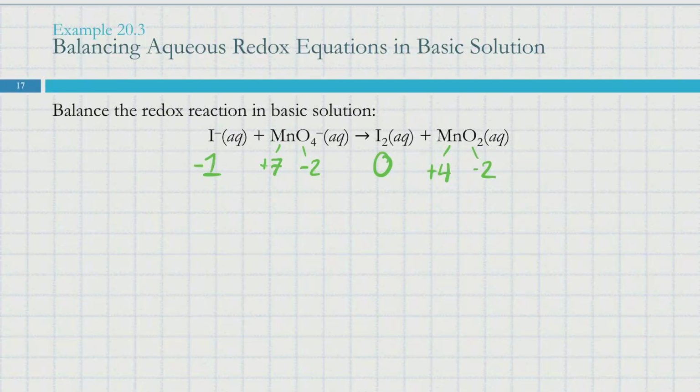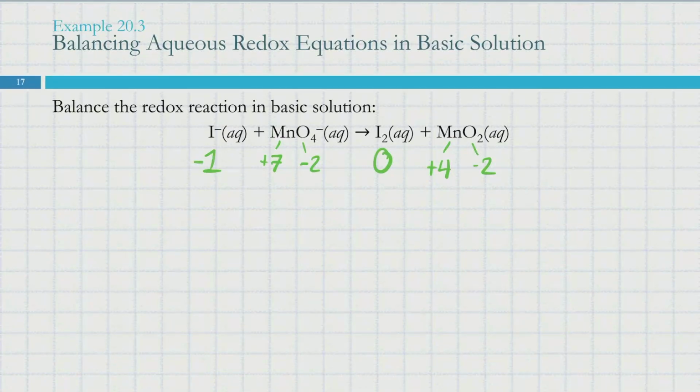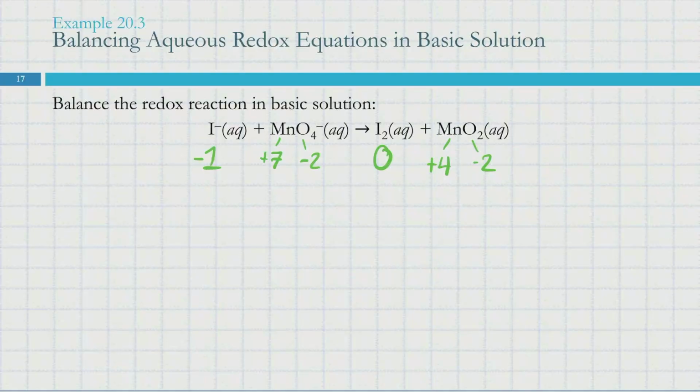And then we can split these into our half reactions. In a lot of cases, you don't actually have to assign oxidation state numbers first, but it's helpful if you want to label what the redox labels are, reduction or oxidation.